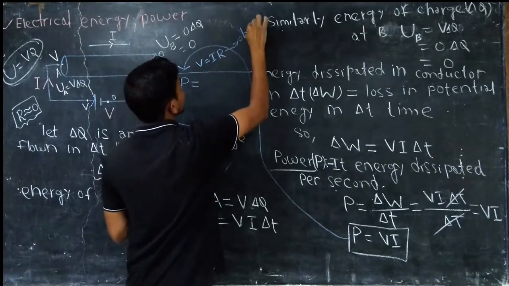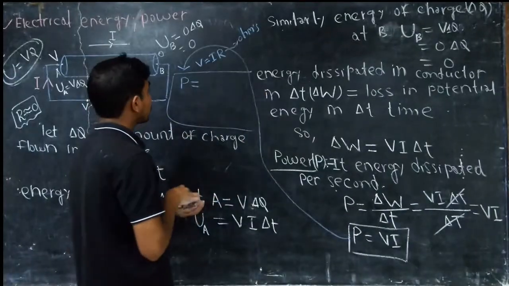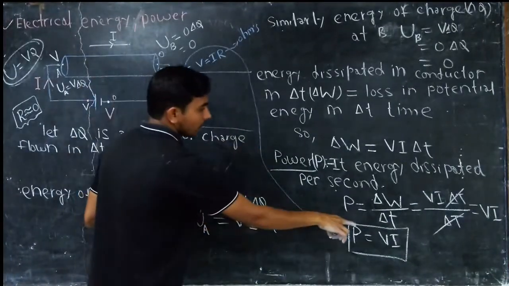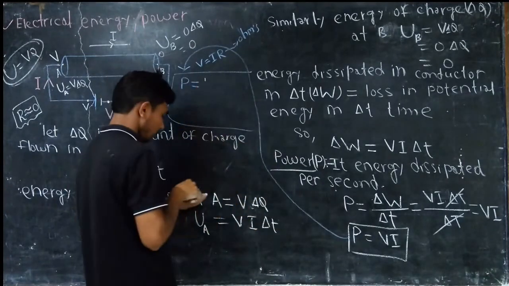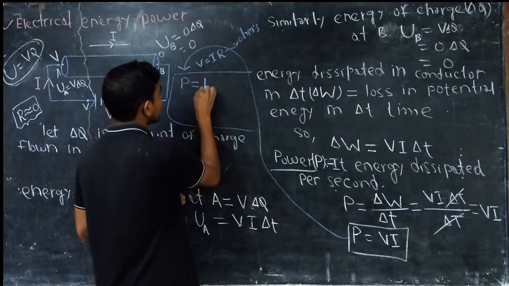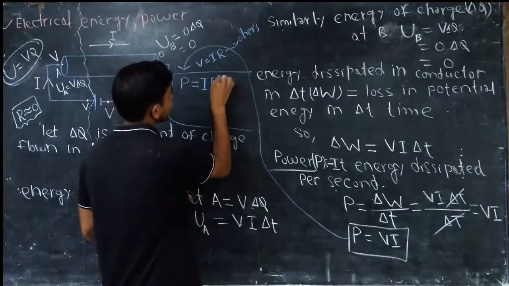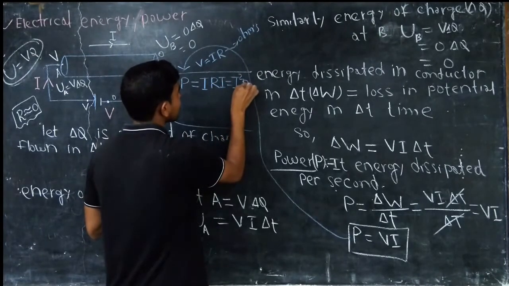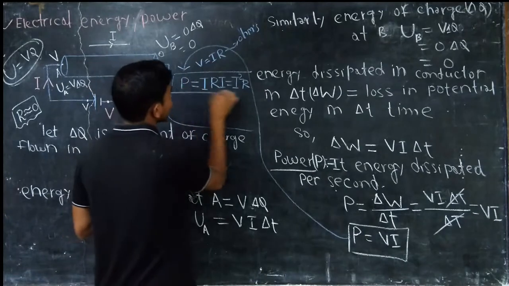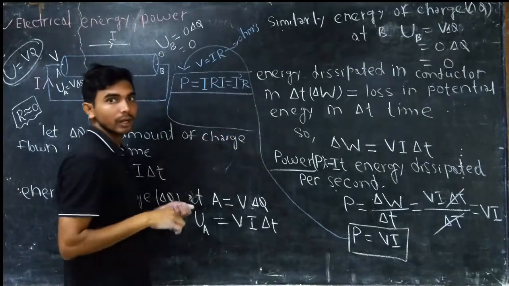So in place of V we can write IR, and one I is already here, so the formula is I squared R. So this is one formula to calculate power: P is equal to I squared R.